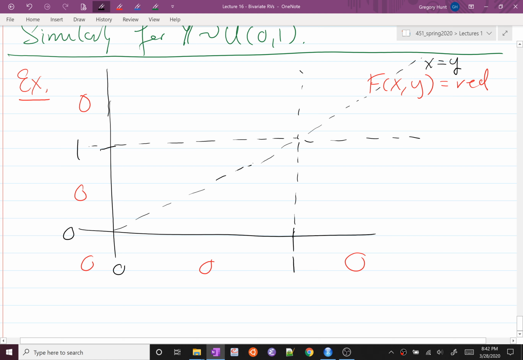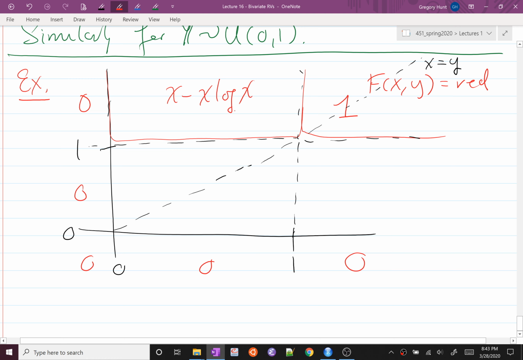Okay, and let's see, what do we want this to be? We're going to say that the CDF in red here is 1 in this region, where x and y are both bigger than 1. If y is bigger than 1 and x is between 0 and 1, in this region here, we're going to say it's x minus x log x.